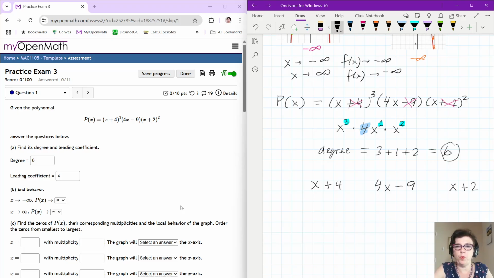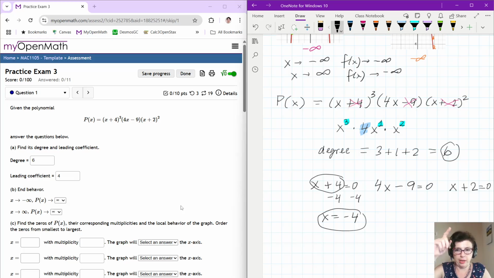To determine what zero that corresponds to, think of setting each of these things equal to 0 and solving them for x. So this one right here, you would subtract 4 from both sides, and you would get x equals negative 4. So the factor x plus 4 corresponds to the root or zero of x equals negative 4.